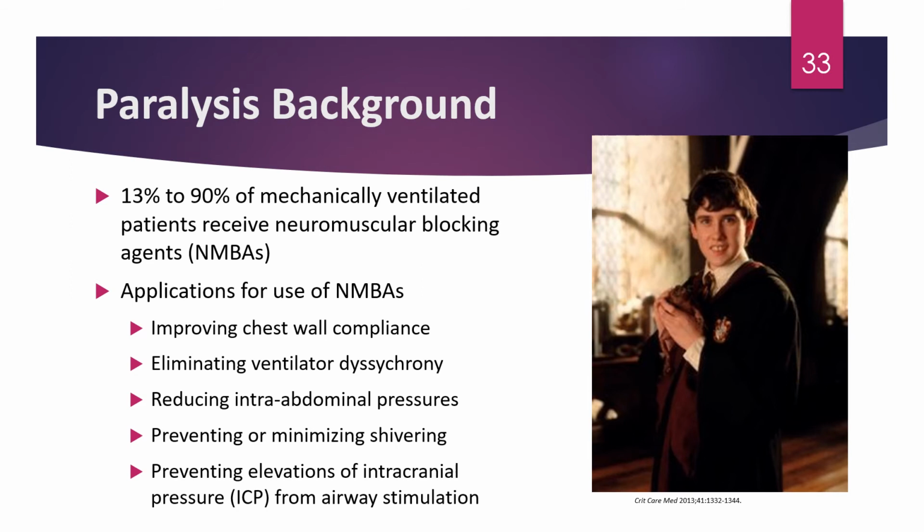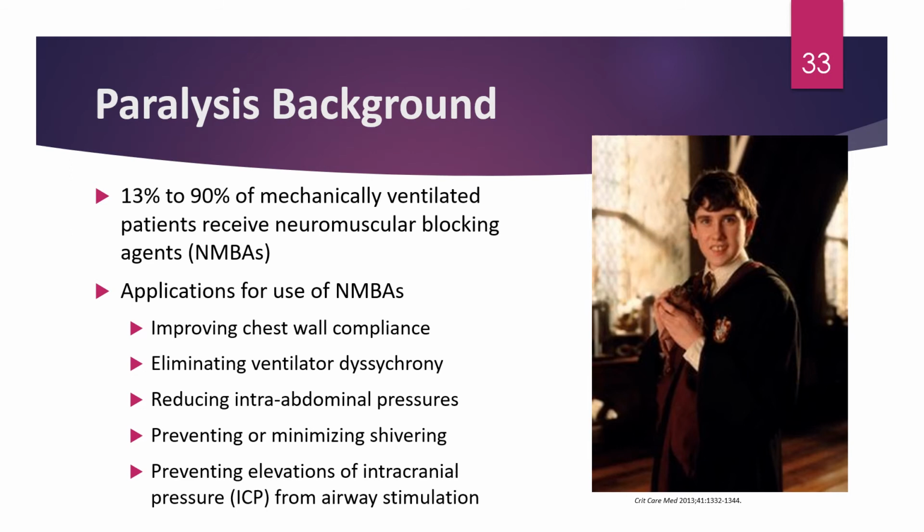And a lot of times this will actually happen when a patient is getting intubated. When a patient gets intubated, a lot of times we will need to sedate the patient. And then after we sedate the patient, we may need to paralyze them. And the reason why we need to paralyze them may be to actually facilitate the insertion of that endotracheal tube down the throat.